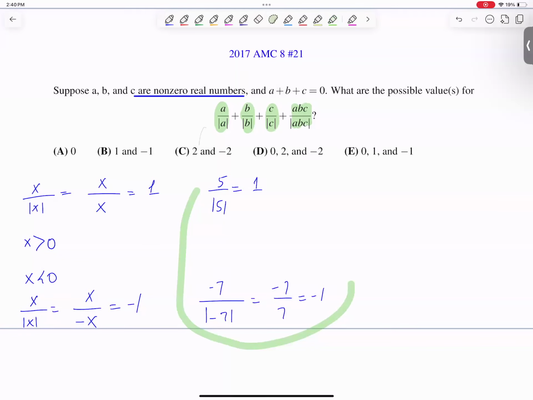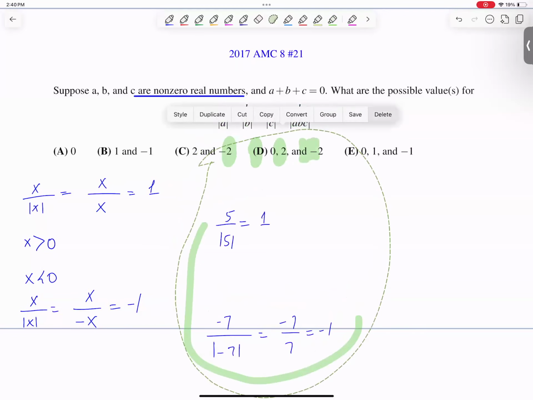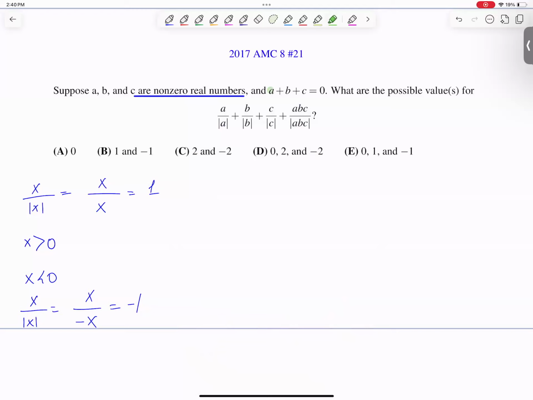Now let's think about the first part. The sum of these non-zero real numbers is equal to 0. Since they are non-zero real numbers, at least one of them has to be negative. Either A is negative and B and C are positive, or we can have two negatives and one positive, so that we can get 0.